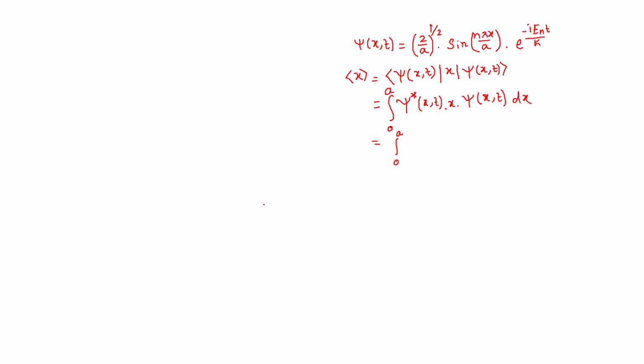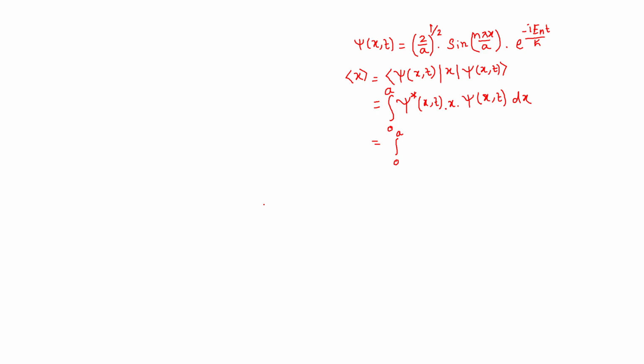So my intention is to find this integral from 0 to a of x sine square nπx/a dx. Obviously dx. I will find this value here and then put it in, then I will get the value of average x.